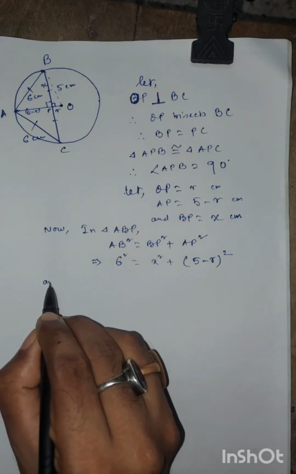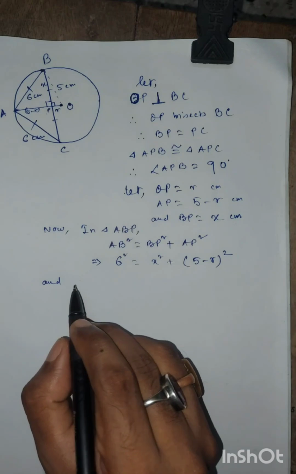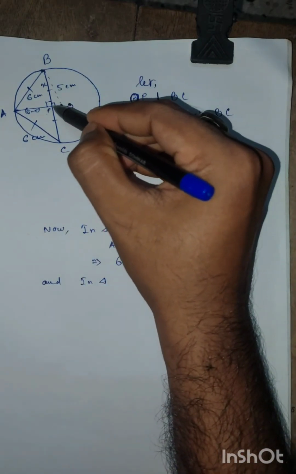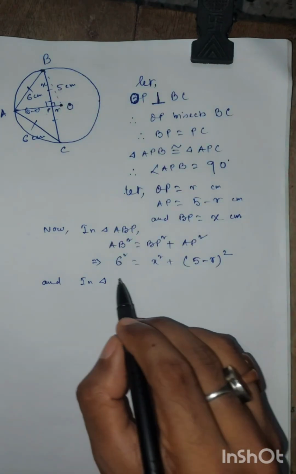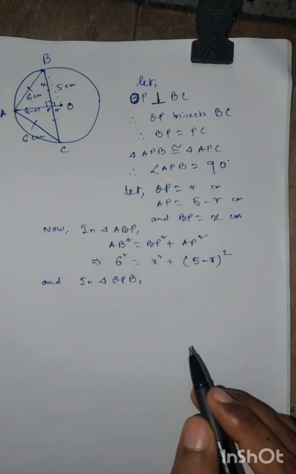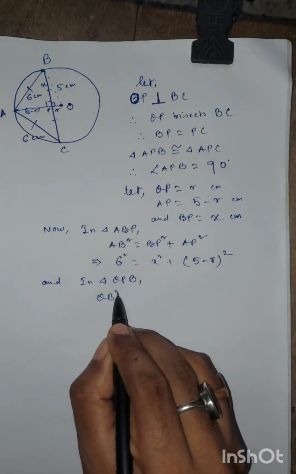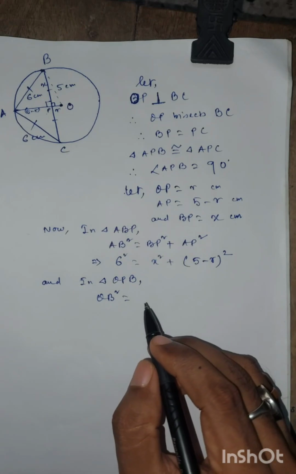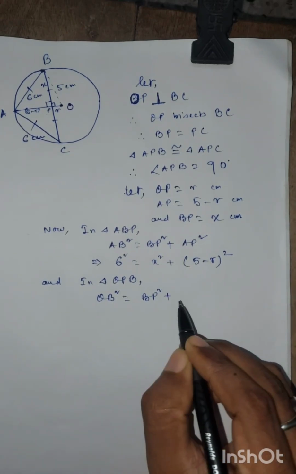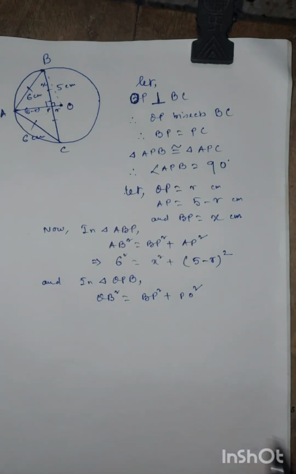And in this triangle OPB, hypotenuse square equal to perpendicular square plus base square.